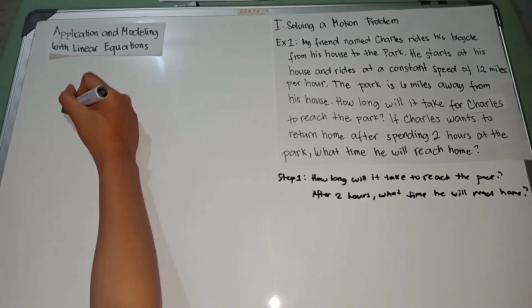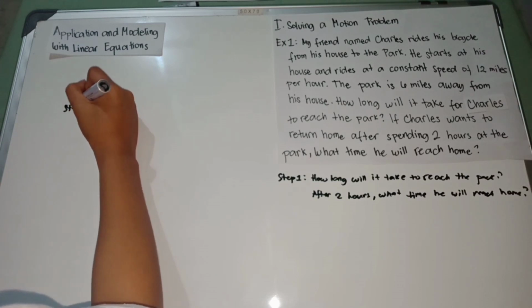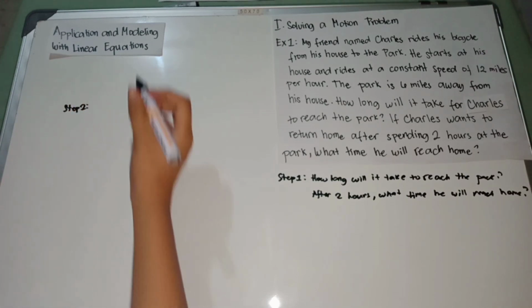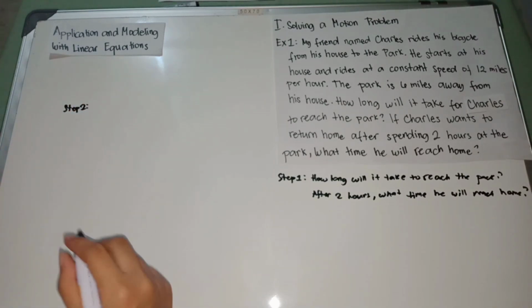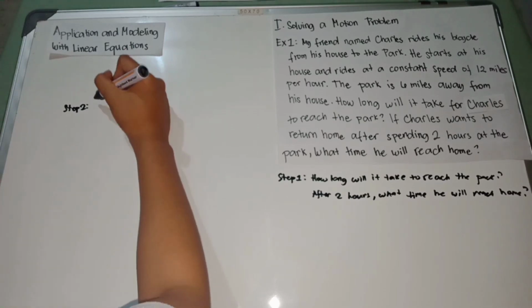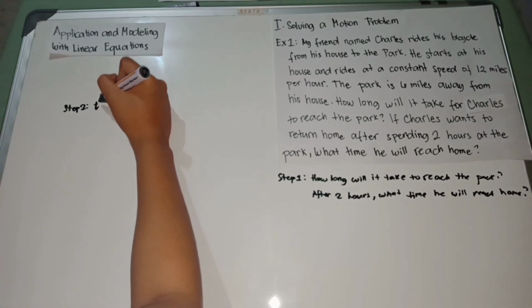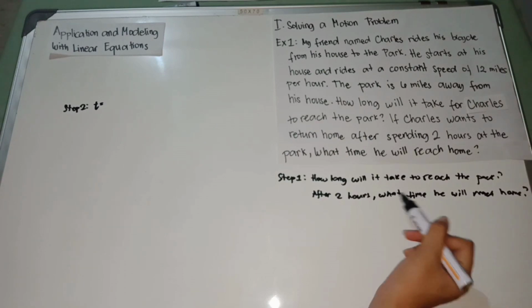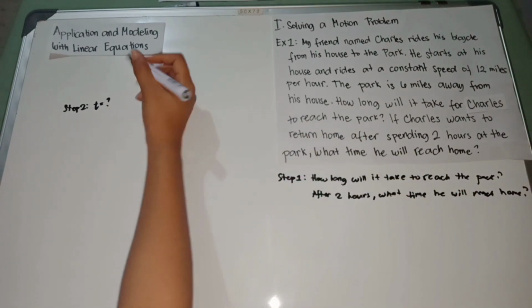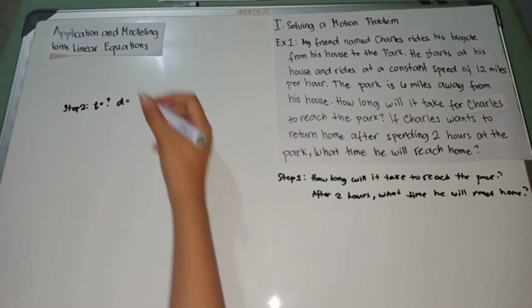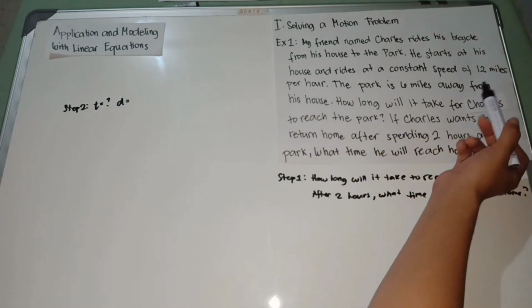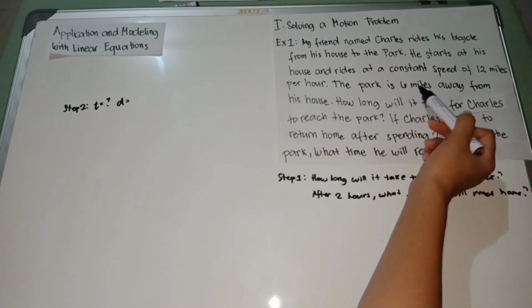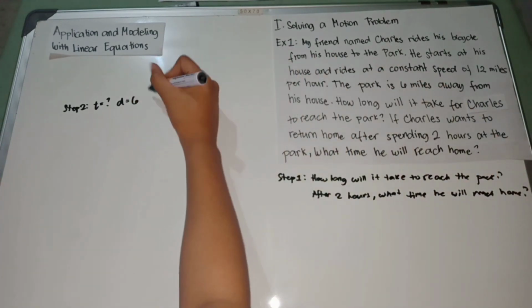Step 2 is to assign a variable. So t, the time, we don't know yet, and d, we have the distance. For d, we have 6 miles away, 6 miles.